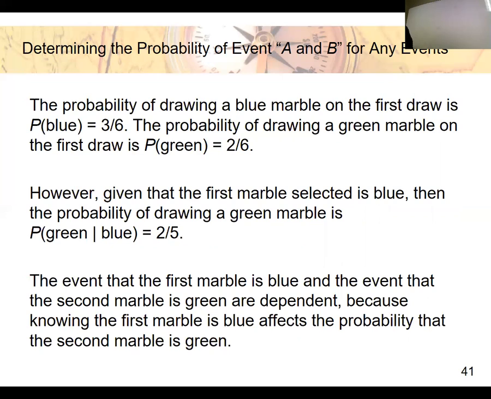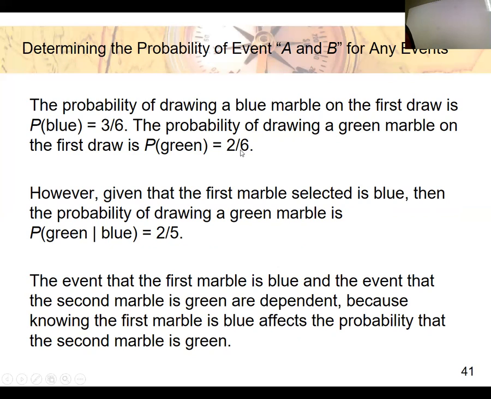But given that the first marble selected is blue, the probability of drawing a green marble now is 2 out of 5 instead of 2 out of 6.